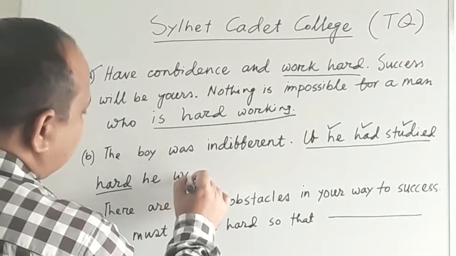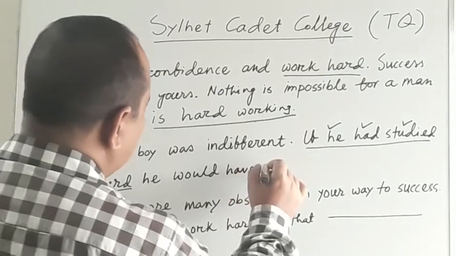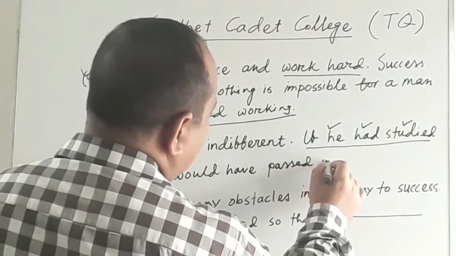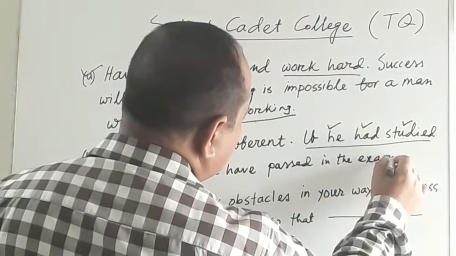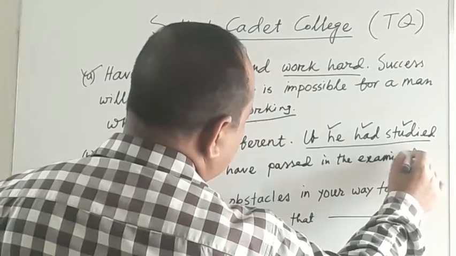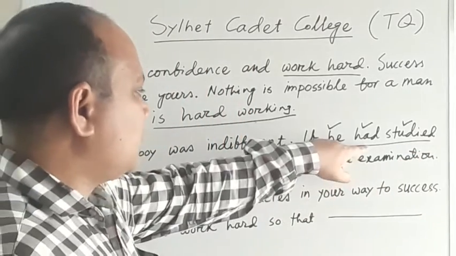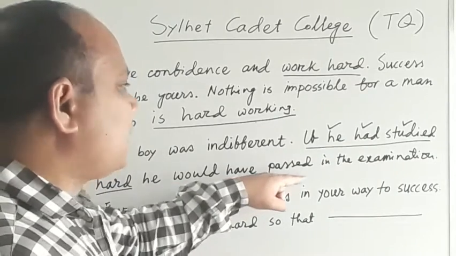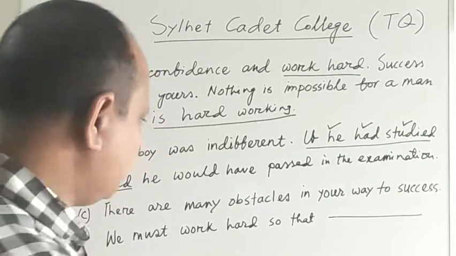So he would have passed in the examination. So the first portion was in past perfect, so the second portion definitely would be perfect conditional according to the rule of the conditional.